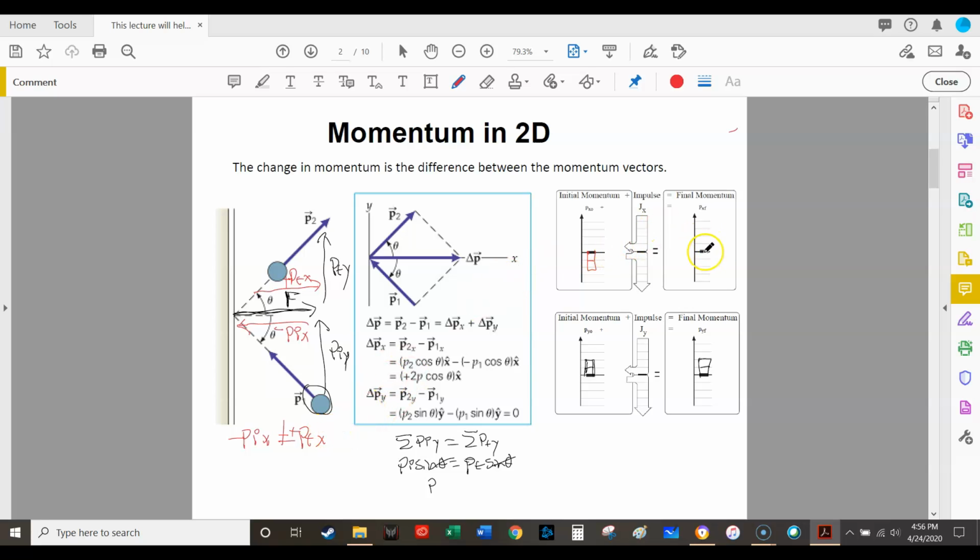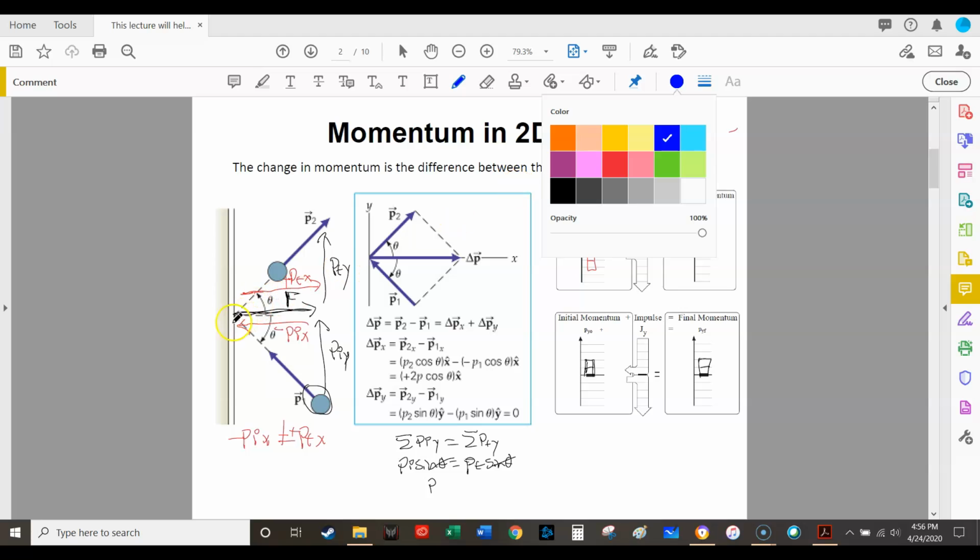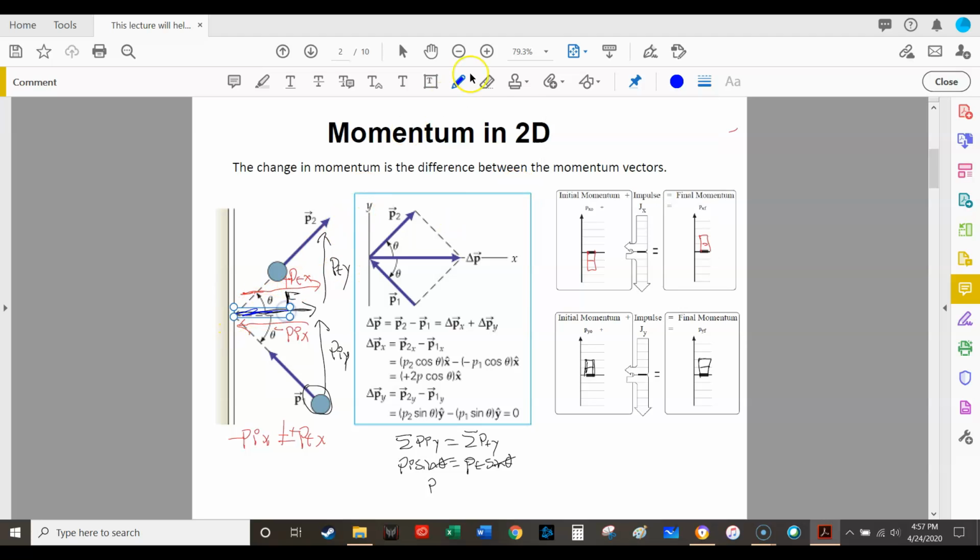And then afterwards, it's now got a momentum vector, the same size, in the positive x direction. That means this force vector right here, and I'm going to use a different color for that force vector. I don't like that. In fact, I'm going to get rid of this. Just trying to erase.